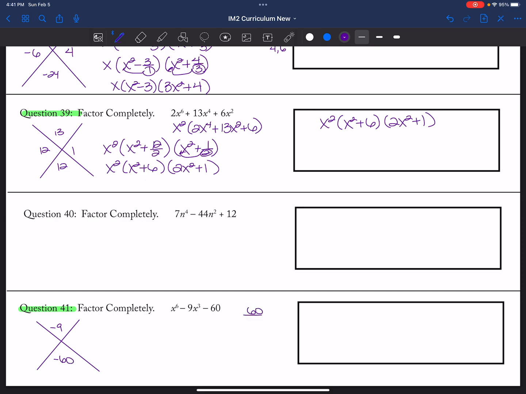So factors of 60. 1 and 60, 2 and 30, 3 and 20, 4 and 15, 5 and 12, 6 and 10.